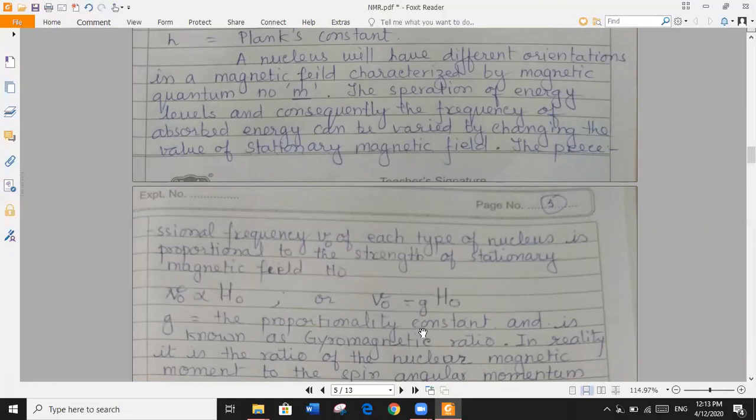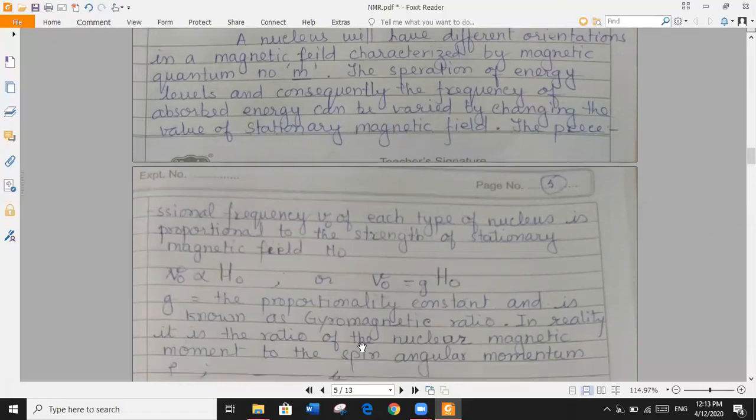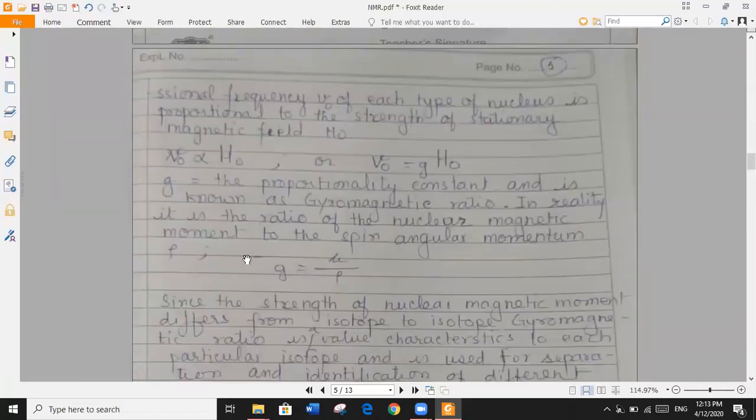Here G is the proportionality constant and is known as gyromagnetic ratio. In reality, it is the ratio of nuclear magnetic moment to the spin angular momentum, which is represented by rho. So G is equal to mu by rho.